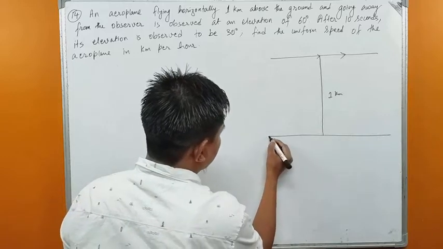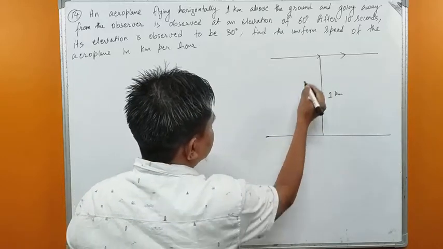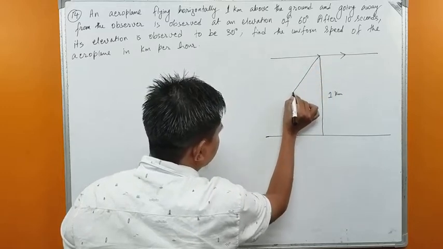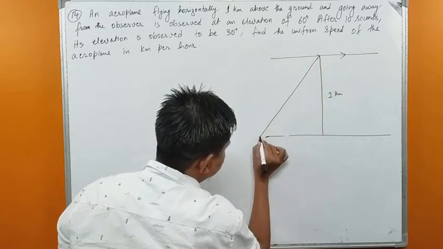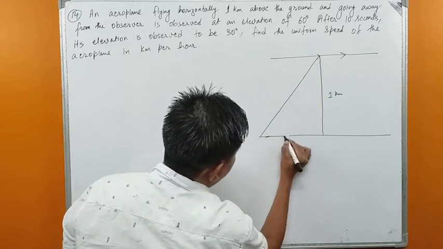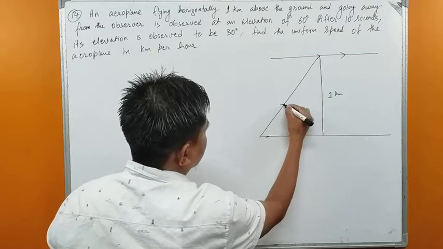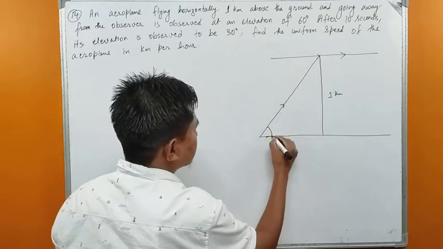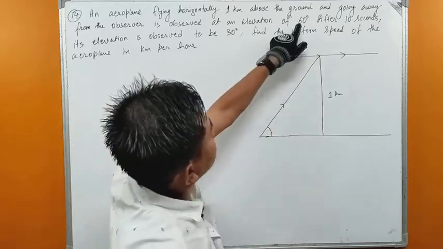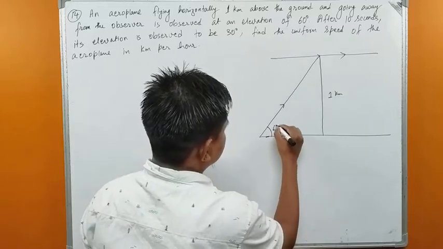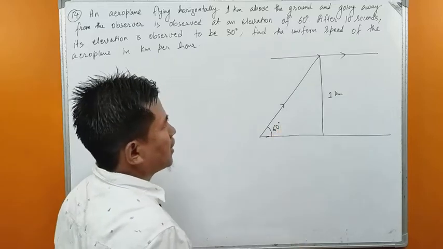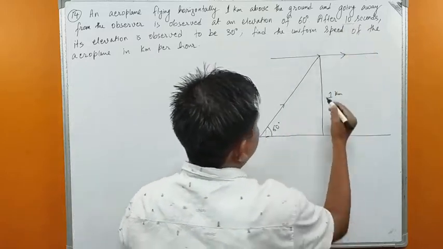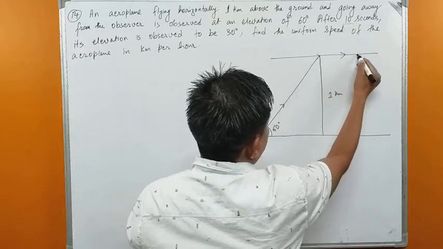So an observer is somewhere here on the ground and observes the plane at an angle of elevation of 60 degrees, isn't it? So when the observer from the ground observes the aeroplane, the angle of elevation made at that time is 60 degrees. Now after 10 seconds, the aeroplane reaches somewhere at this point.